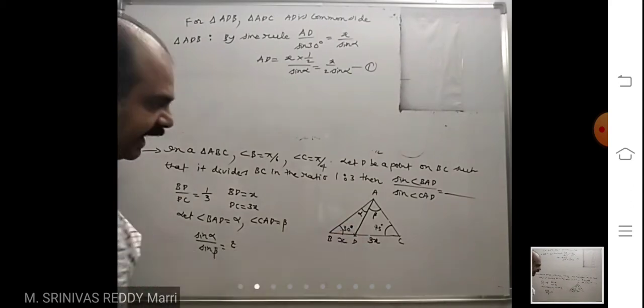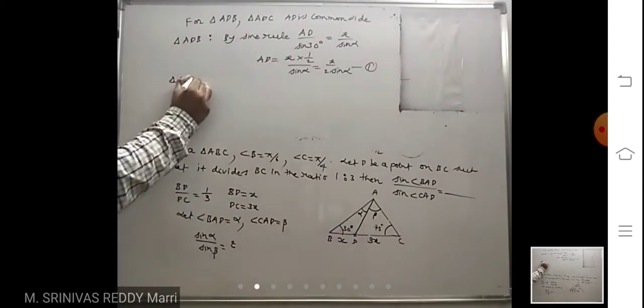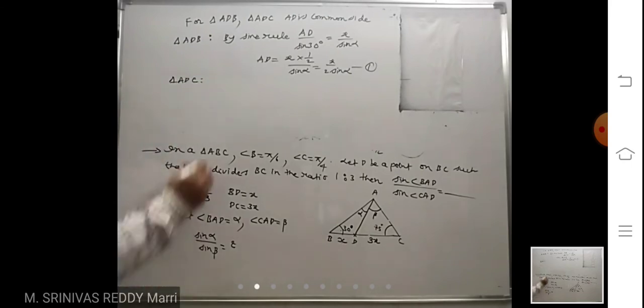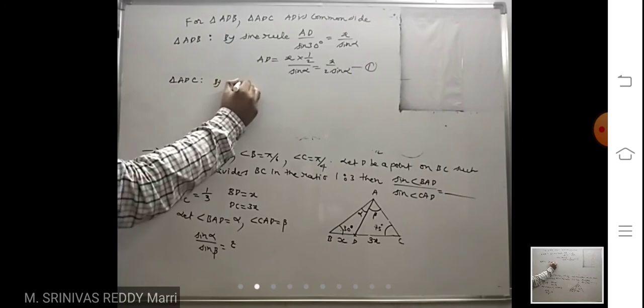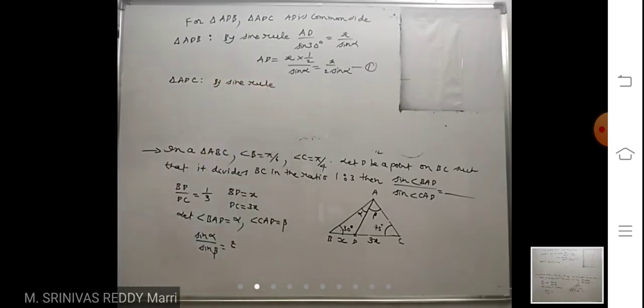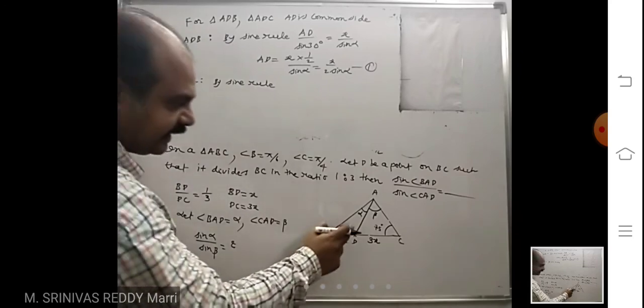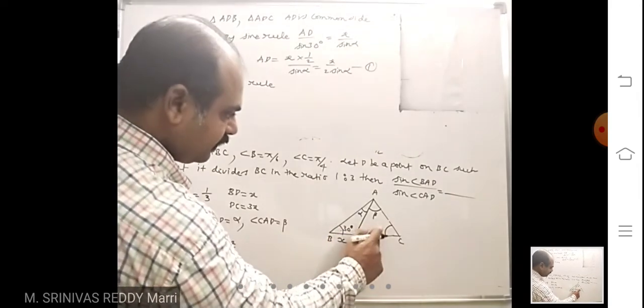Now take the other triangle, triangle ADC. Now I am writing sine rule. I want to calculate what is AD. By sine rule, look here, this is 45 degrees.